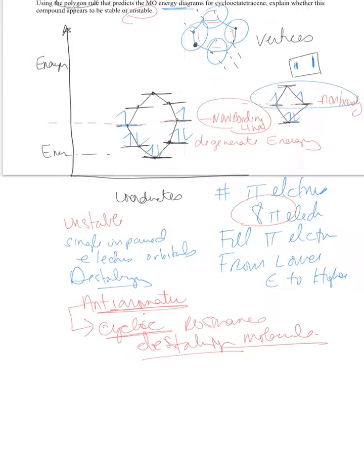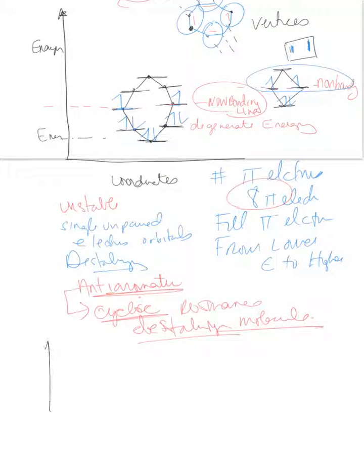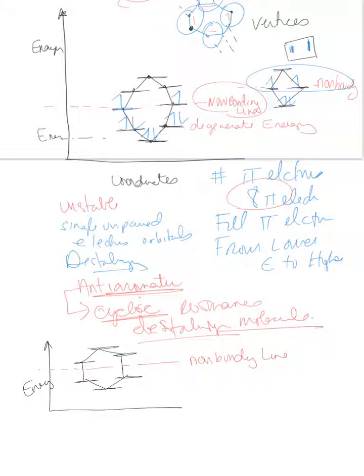For kicks, let's just do benzene here. Benzene's kind of easier for me to draw because I always draw benzene with its vertices. So this is your energy, and then you draw in 1, 2, 3, 4, 5, 6. Halfway through, this would be your non-bonding line. Remember, this is bonding. We have 3 bonding orbitals and 3 anti-bonding orbitals.